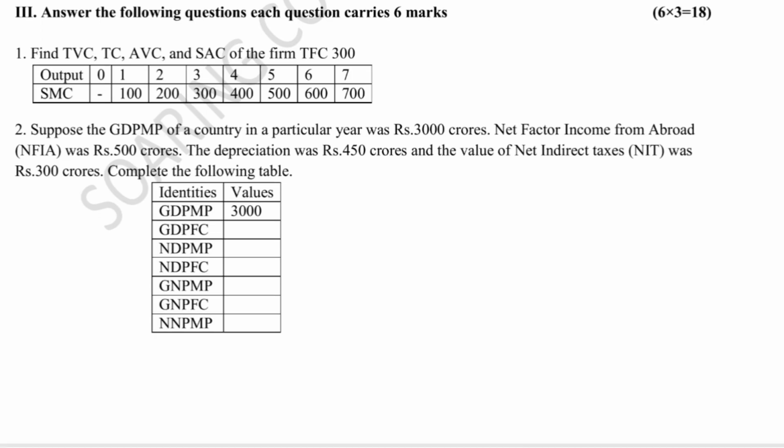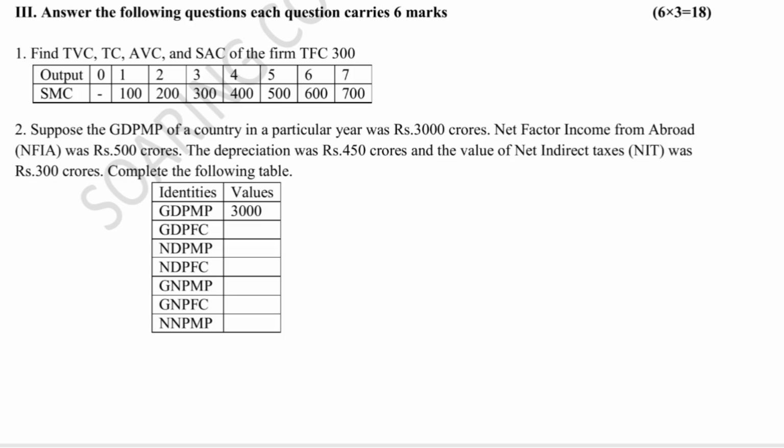The next question which I have taken is from national income accounting. This is a problem question. Suppose the GDP-MP of a country in a particular year was 3000 crores, net factor income from abroad 500 crores, the depreciation was 450 crores, and the value of indirect taxes was 300 crores. Complete the following table. They will give identities like GDP-MP, GDPFC, NDP-MP, NDPFC, GNP-MP, GNPFC, NNP-MP.